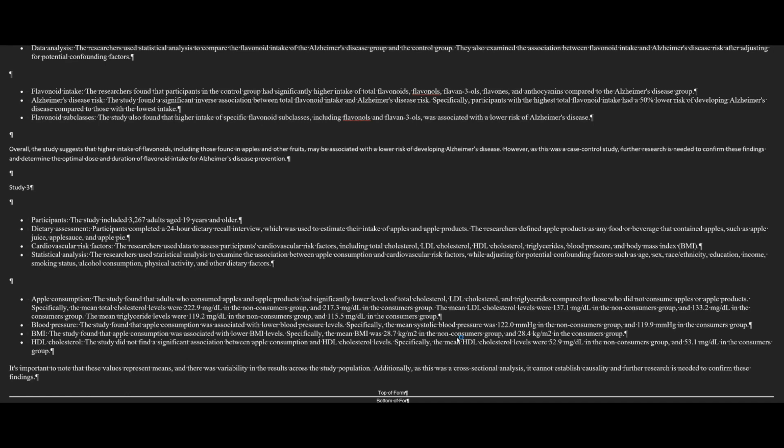Specifically, the mean BMI was 28.7 kilograms per meter squared in the non-consumers group and 28.4 kilograms per meter squared in the consumer group. HDL cholesterol. The study did not find a significant association between apple consumption and HDL cholesterol levels. Specifically, the mean HDL cholesterol.